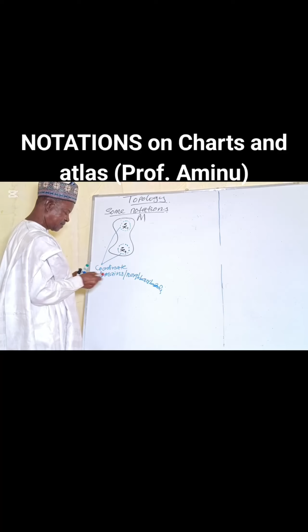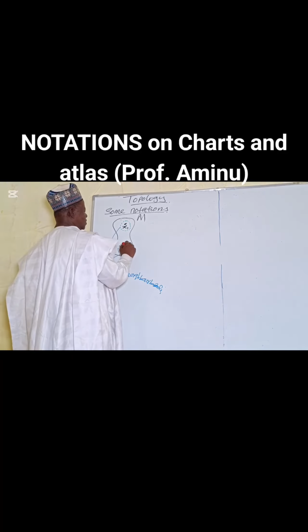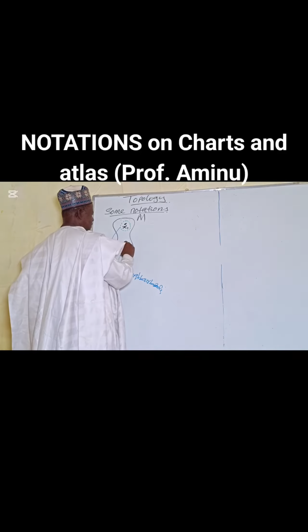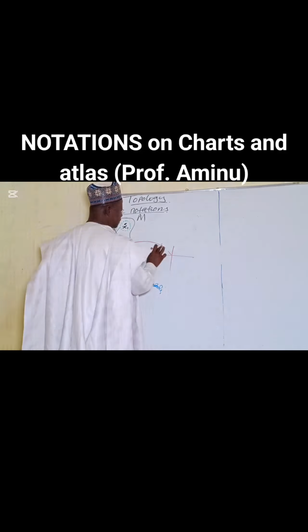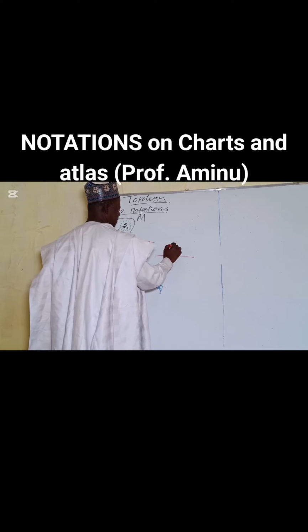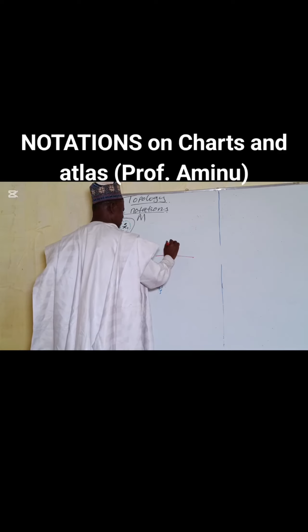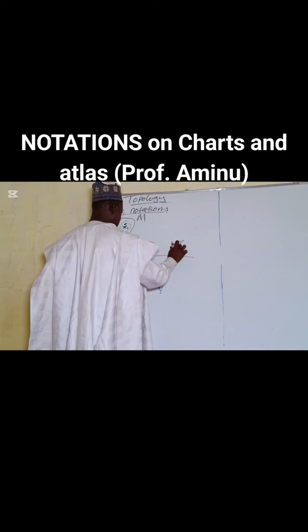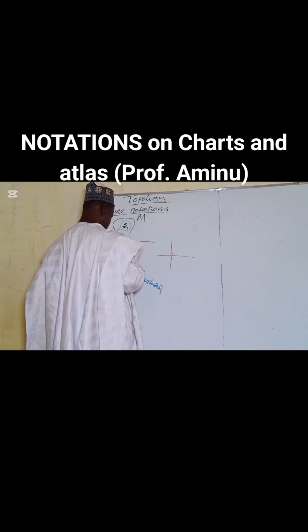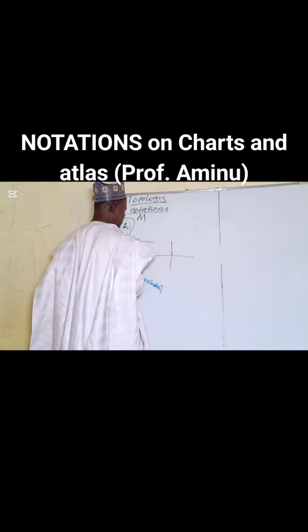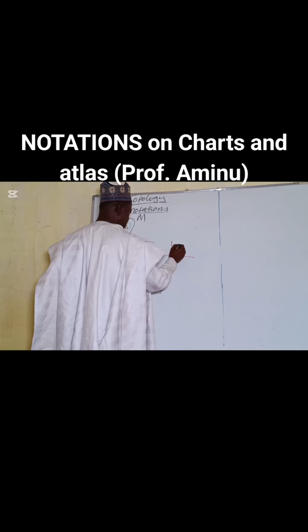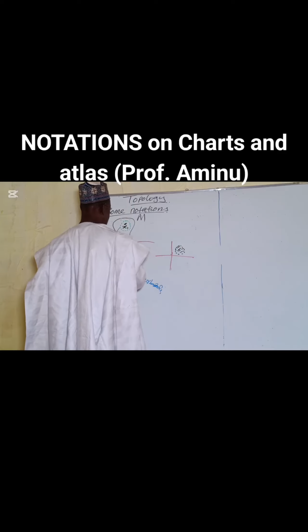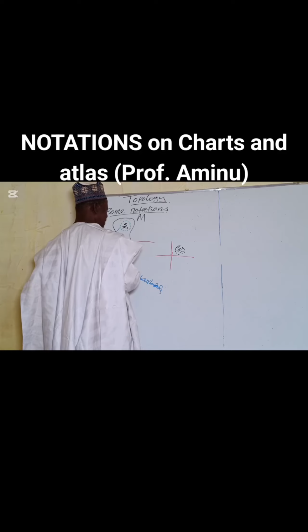Now, based on the definition, we may also want to translate these points back onto maybe R2. So this one will look like this. So bear a map.